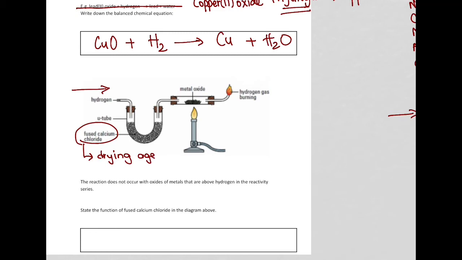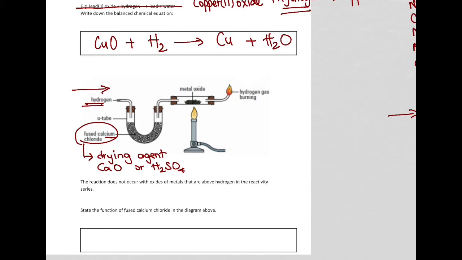Drying agent means that it's going to withdraw any moisture from the gas that you are blowing in. So it's going to ensure that you have a dry gas passing and that there is no water that you're actually driving into the reaction. Other drying agents that can be used include calcium oxide, which is quicklime, or you can use concentrated sulfuric acid.